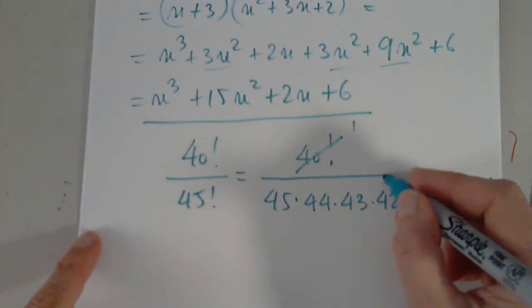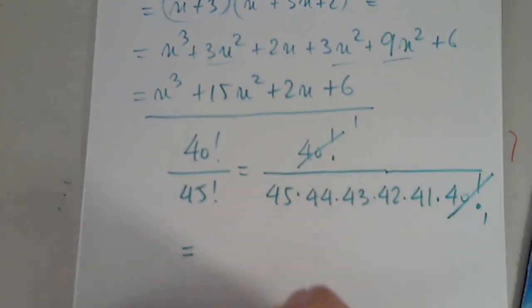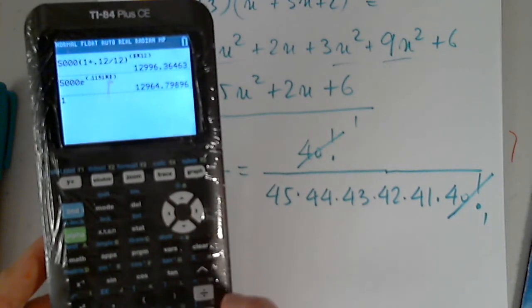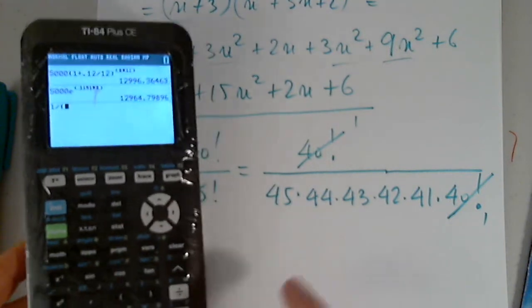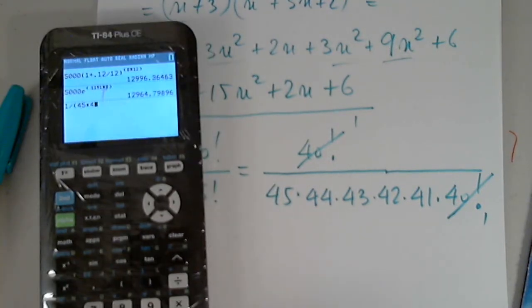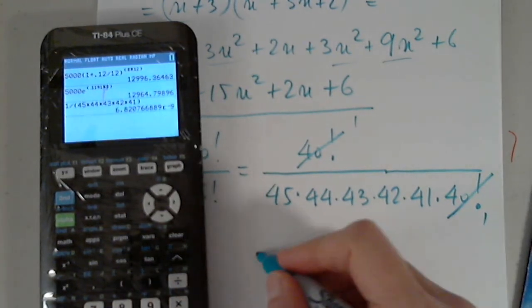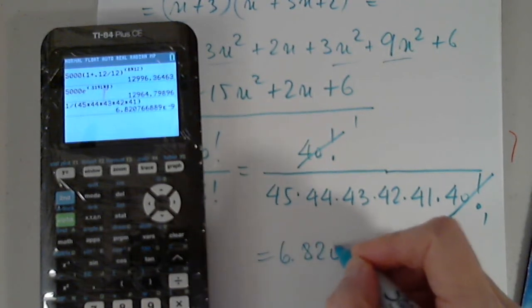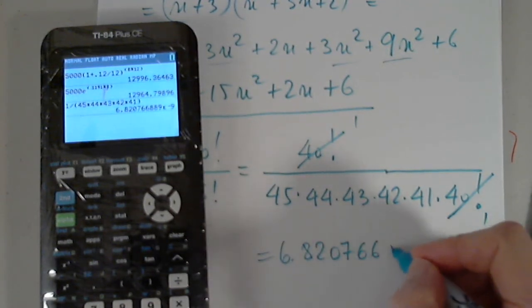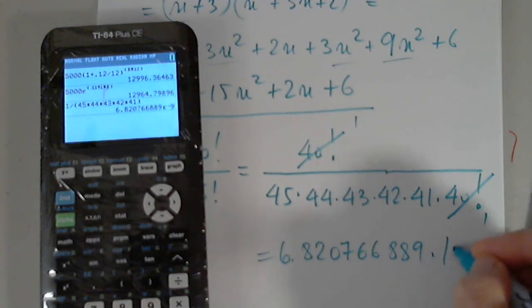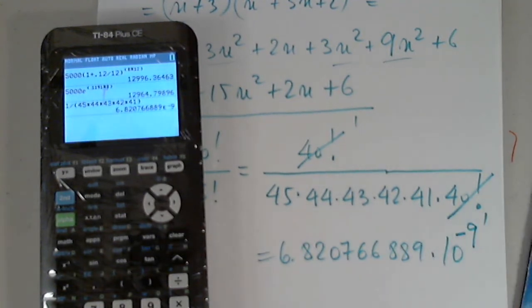So this will be an extremely small number. So 1 divided by, in parentheses, 45 times 44 times 43 times 42 times 41. Close the parenthesis and press enter. 6.820766889 times 10 to negative 9.